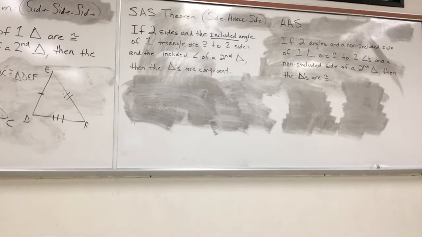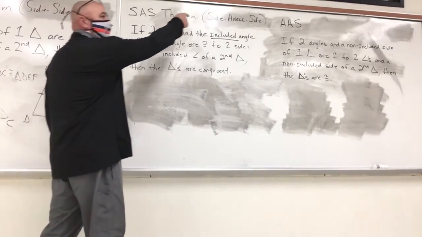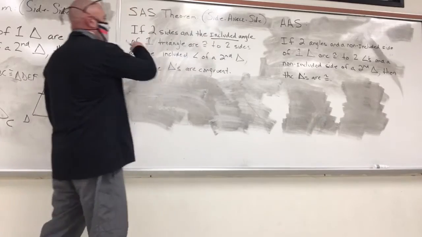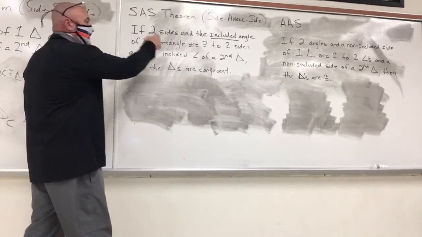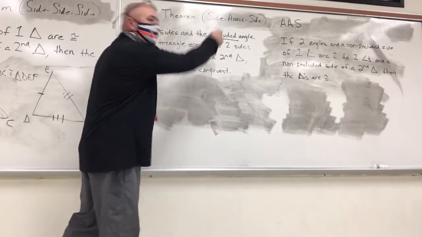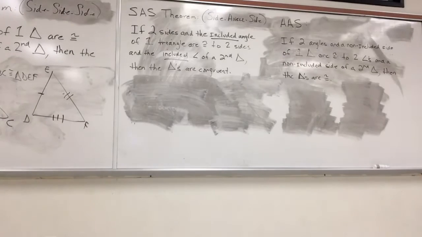Now, you pay attention to these words. If two sides and the included angle of one triangle are congruent to the two sides and the included angle of a second triangle, then the triangles are congruent. Where's that angle got to be located?